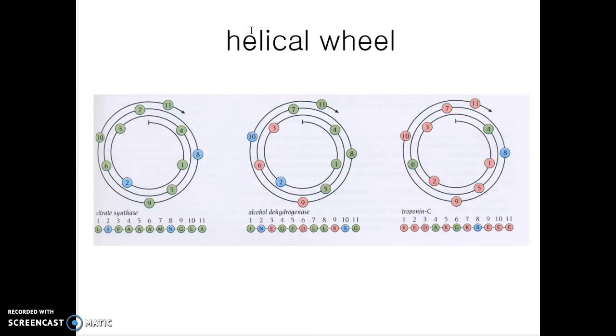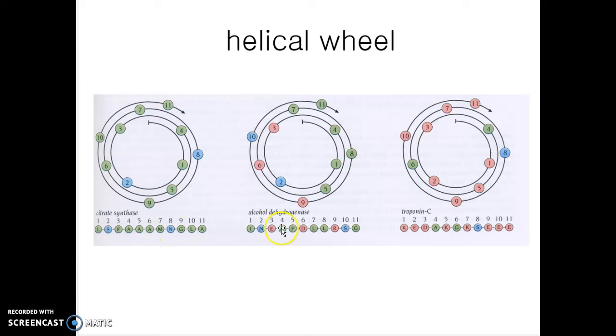Even though we can depict alpha helix by using a helical wheel, at the bottom you see the residue sequence of one alpha helix in citrate synthase. It is mostly hydrophobic, green, and polar, blue.